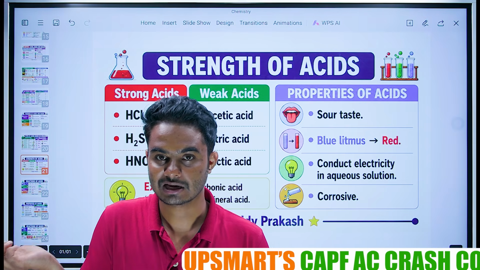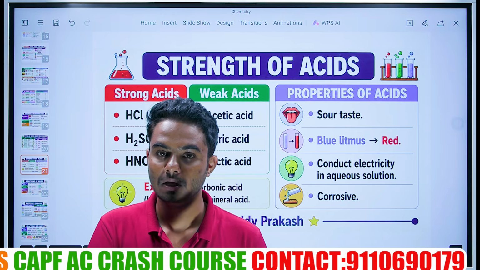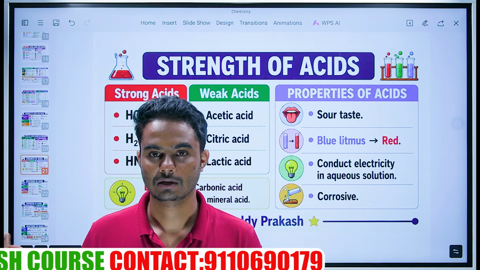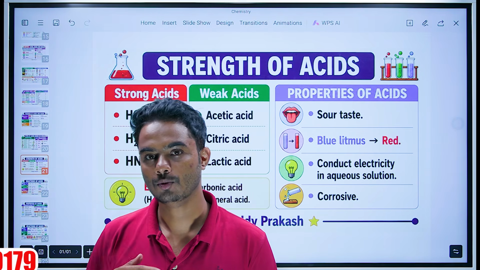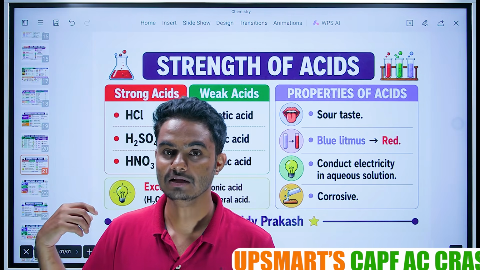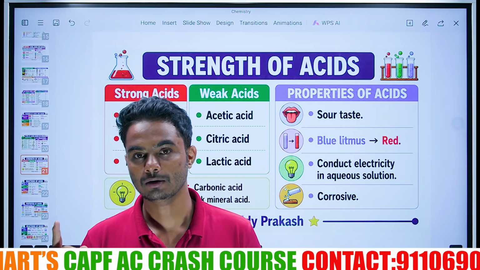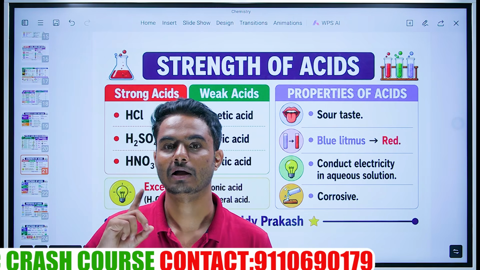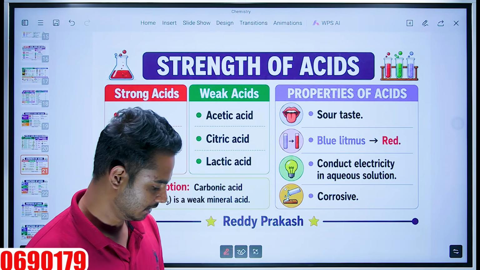So when a charge is released in water, it will have the ability to conduct electricity. Strong acid will release more ions, so more electricity. Weak acids or weak bases will release fewer ions, so weak electricity. However, both acids and bases conduct electricity for sure.